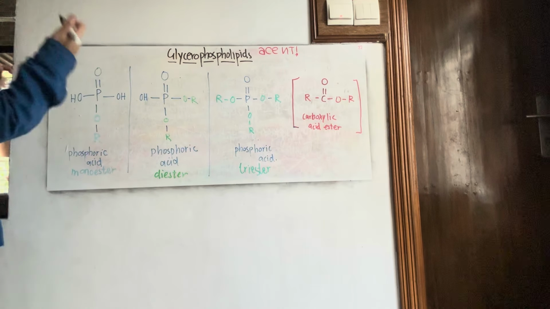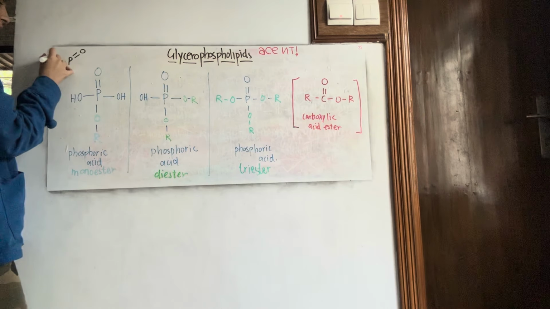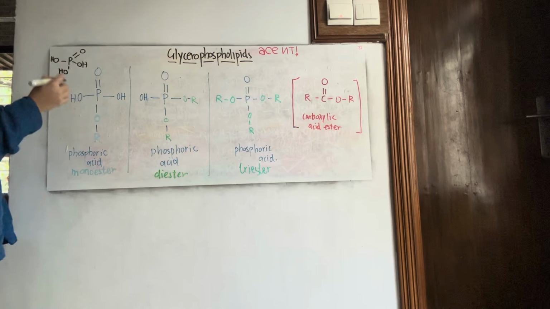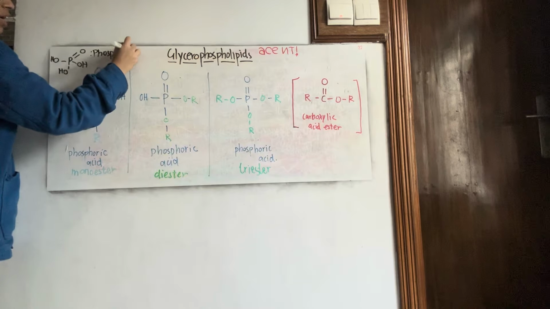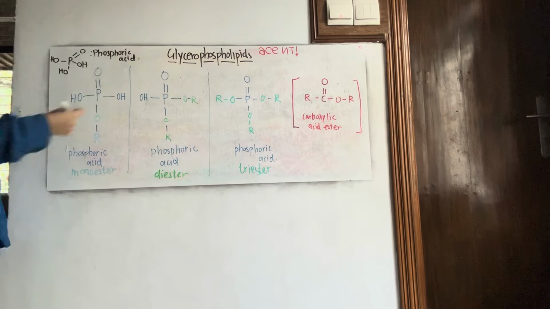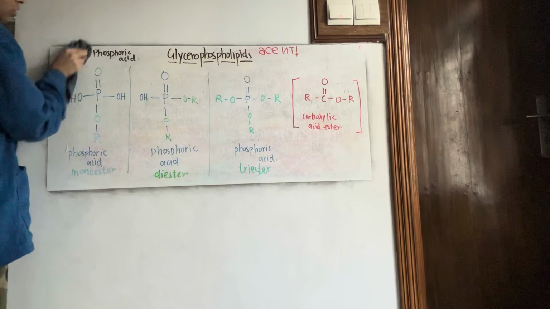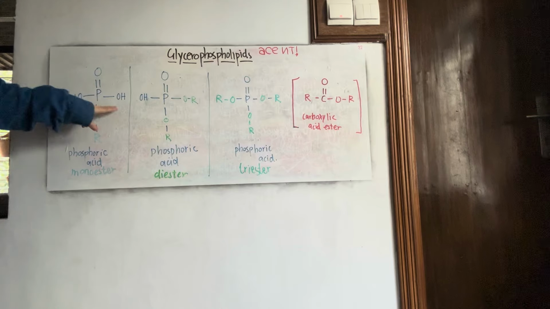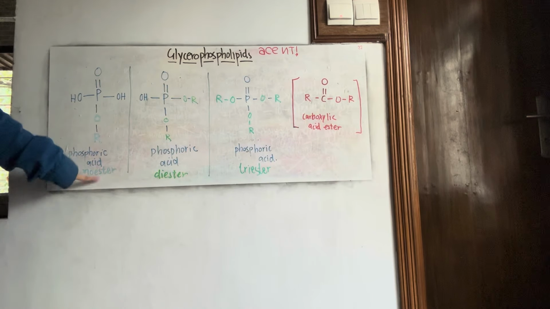Just to give you a little overview, this is phosphoric acid. Now, this is phosphoric acid monoester. As you can see, 2 OH here and then the ester here, so phosphoric acid monoester.